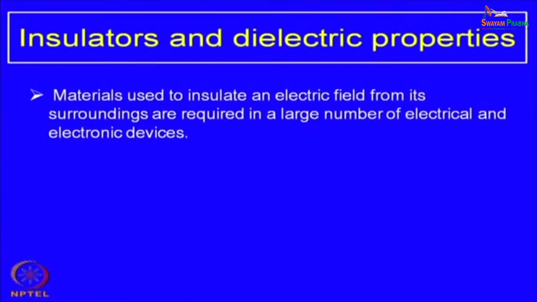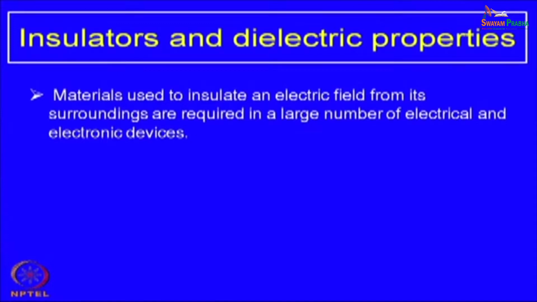So, if a particular conductor has to be insulated from another conductor or from its environment, these insulators act as an insulating barrier. Materials used to insulate an electric field from its surroundings are required in a large number of electrical as well as electronic devices.